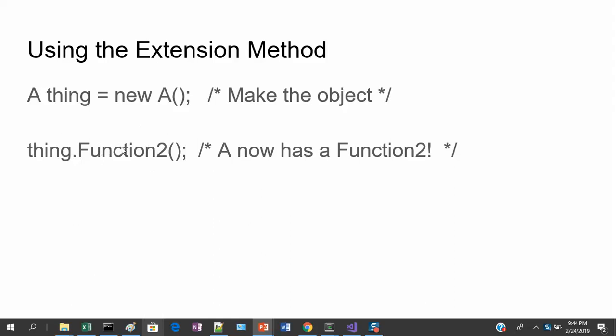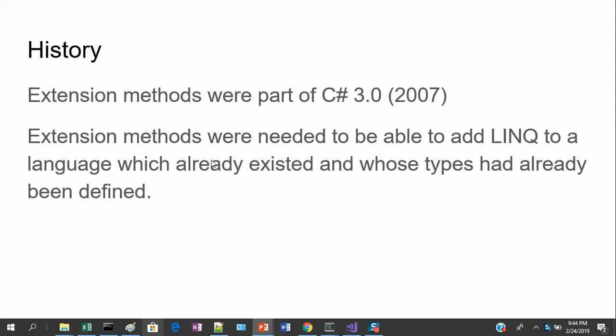It's like that function has always and forever been there. And somebody using that function 2 would not necessarily know that it's an extension method, and it will even show up in the IntelliSense. If you type thing dot, you will see function 1 and function 2 both listed as functions that you can call. C# added extension methods back in 2007, and it was because they were needed to support LINQ.